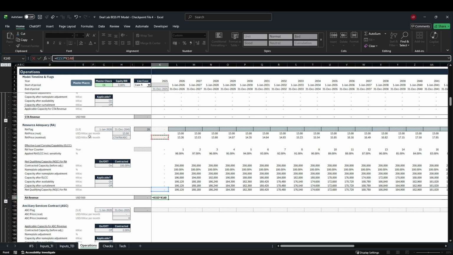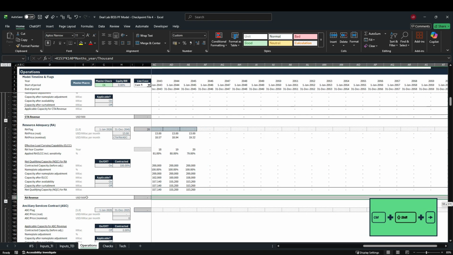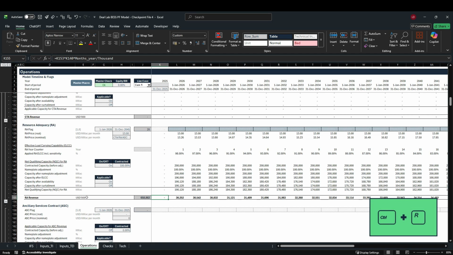And again, this price is in US dollars per kilowatt AC per month, which means we have to multiply it by 12 or months per year. So type in months per year, and let's divide this by 1,000, since this price is in USD and this output here is in thousands USD. Hit enter and let's drag this one over, Control R.